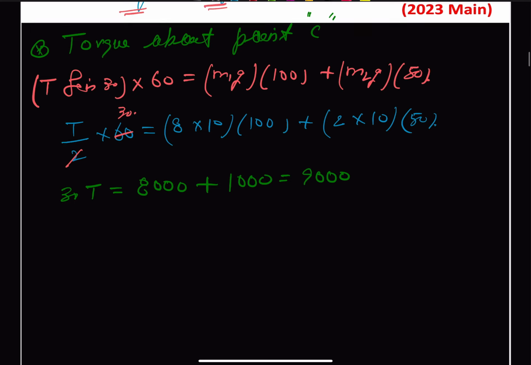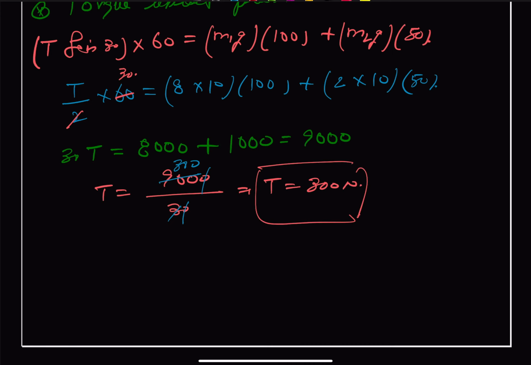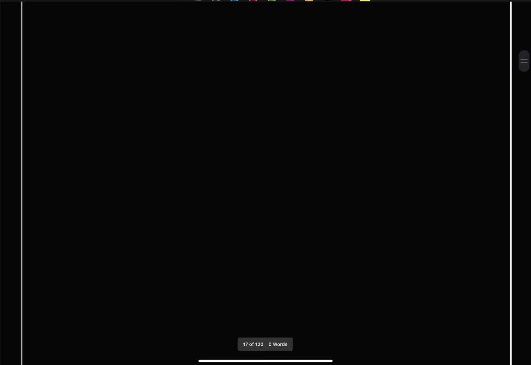Therefore, our T will be equal to 9000 divided by 30. So here 0 goes by 0, and this comes to 300. Therefore tension T is equal to 300 Newton. So the tension in the cable is 300. Next question.